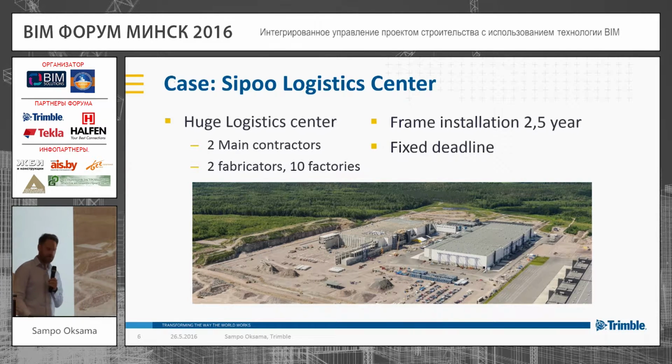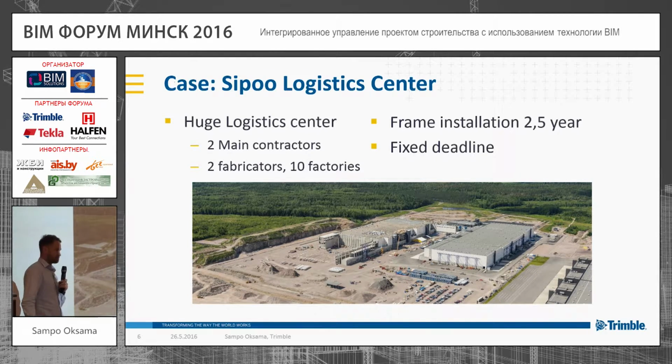Let's start with one case example. This is in Finland, a logistics center, quite a huge project. That's why there were 2 main contractors and 2 fabricators and many factories. And of course, there were 2 main things in this huge project: that the frame should be erected on time, and the MEP is quite advanced because there are robots and advanced mechanical systems taking care of all the storages.